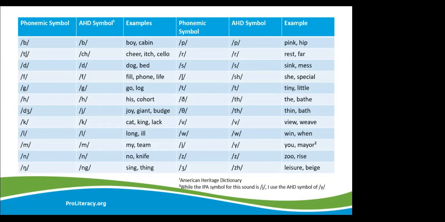I tend to use the letter Y, and so I don't necessarily follow the phonetic symbol on that one. But most of the other times, in all of the handouts you're going to be receiving, you're going to see the phonetic symbol.